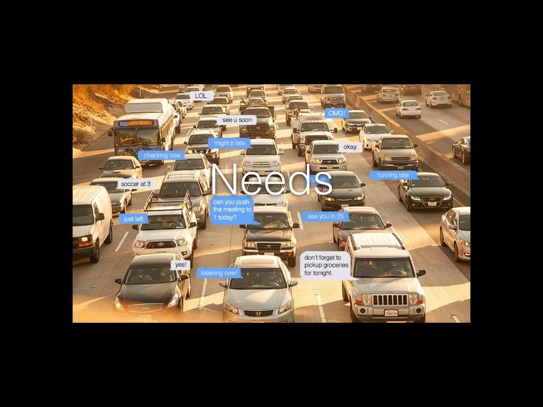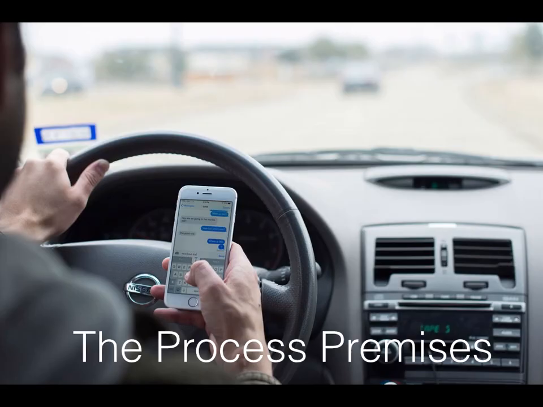The first one is this idea of needs. And I'm going to use a theme as I talk about these. In the previous clip, I talked about how proof doesn't seem to really be the cure-all for all of us in order to get us into compliance with whatever that persuasive idea might be. There's a popular persuasive idea out there right now to not text and drive.